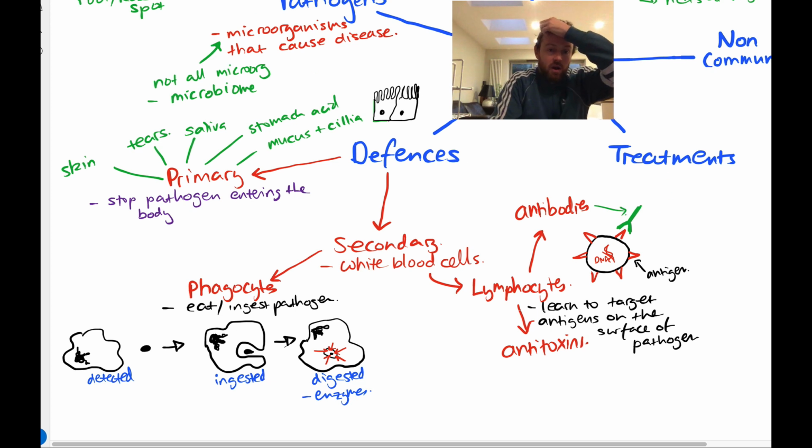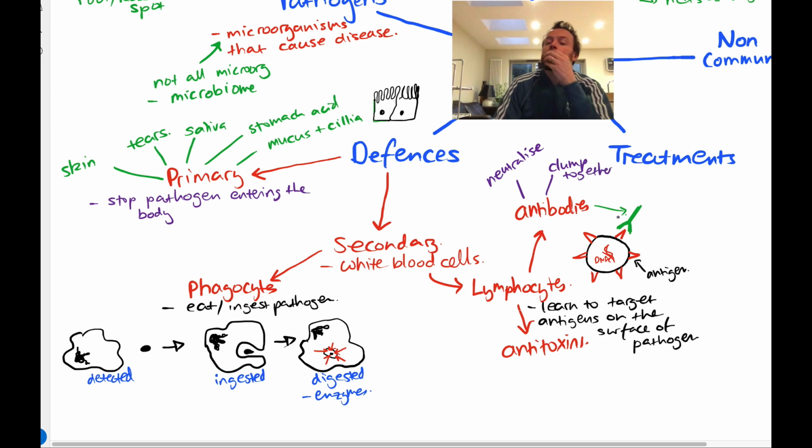Antibodies work in a range of different ways. They can neutralize the pathogen, which means they stick to all the antigens so it can't do anything. They can clump different viruses and bacteria together.